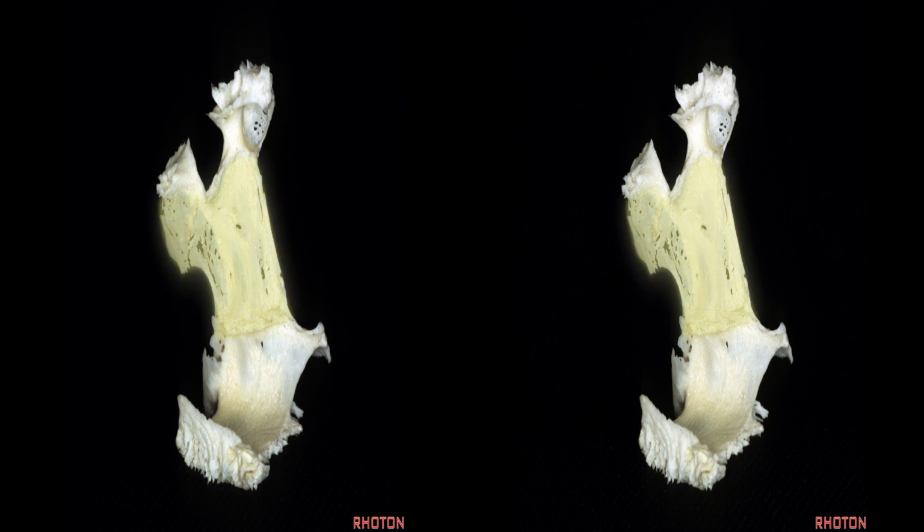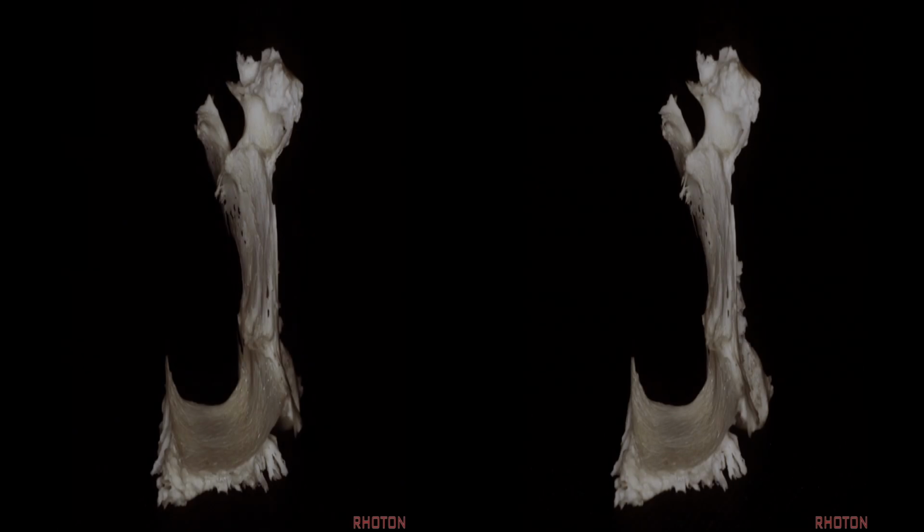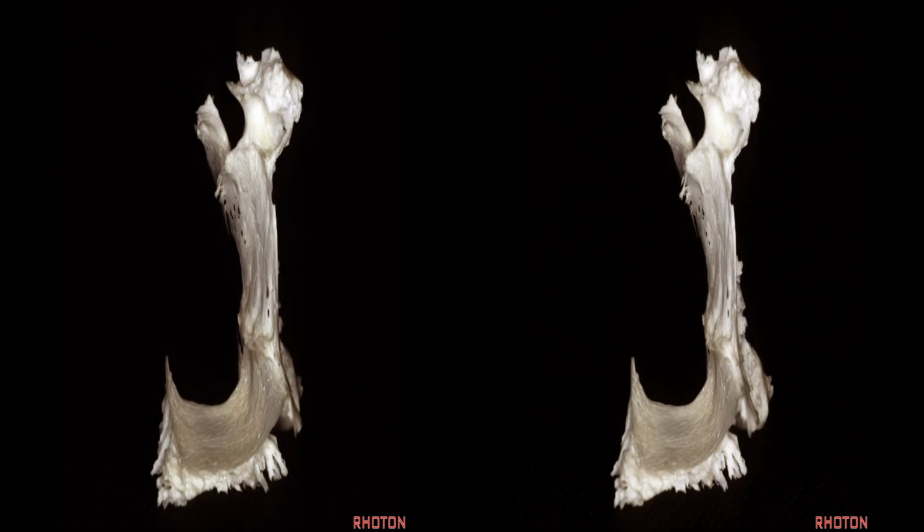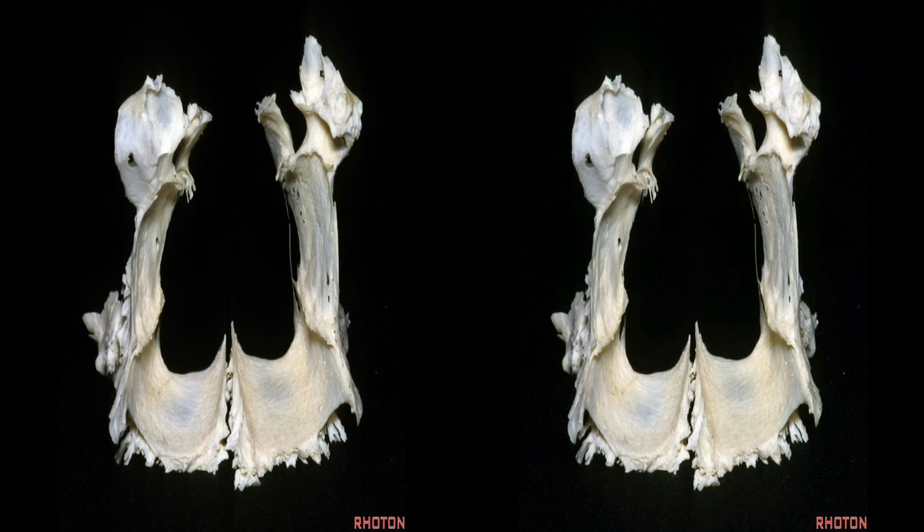It has a perpendicular and a horizontal plate. The plates fit together like this to complete the posterior part of the hard palate. The perpendicular part forms the medial wall of the pterygopalatine fossa.